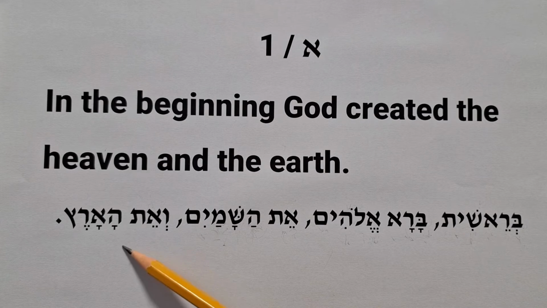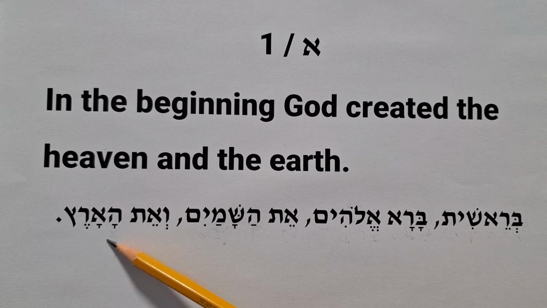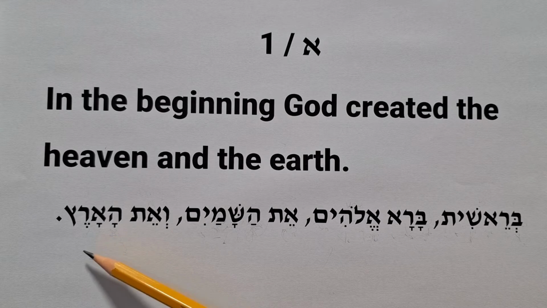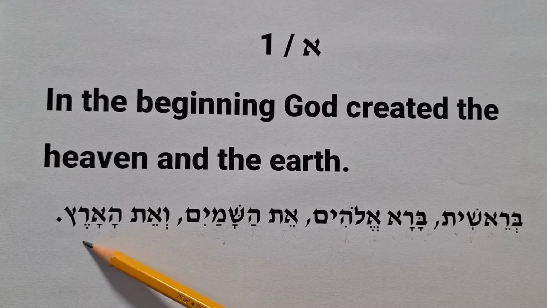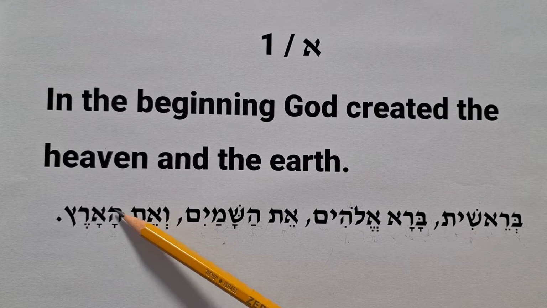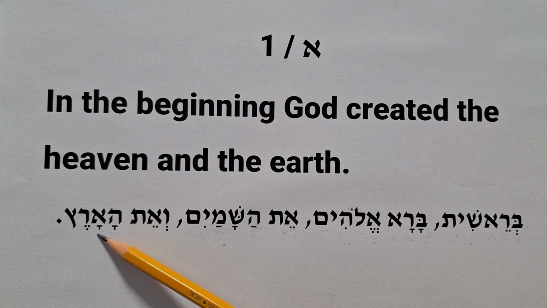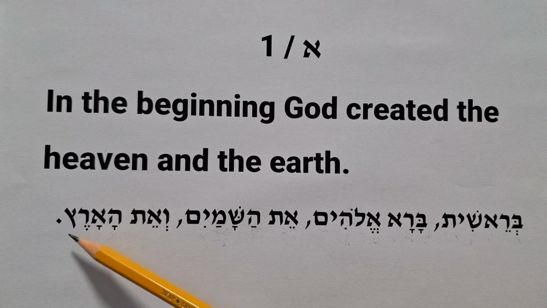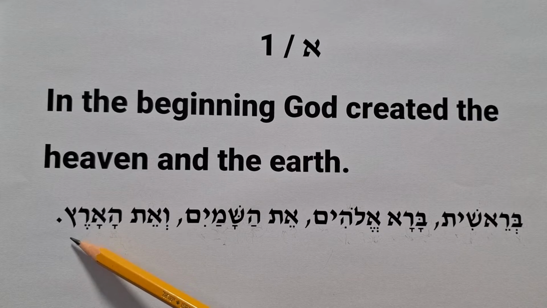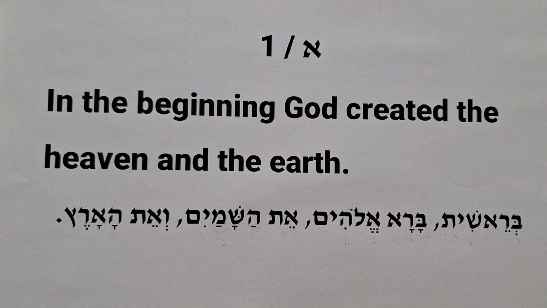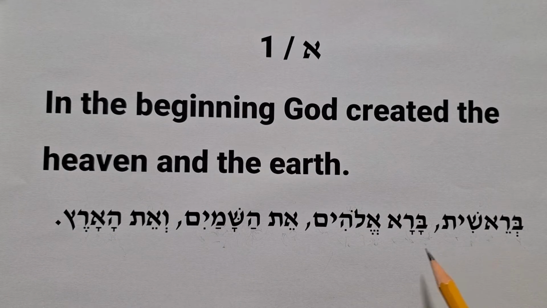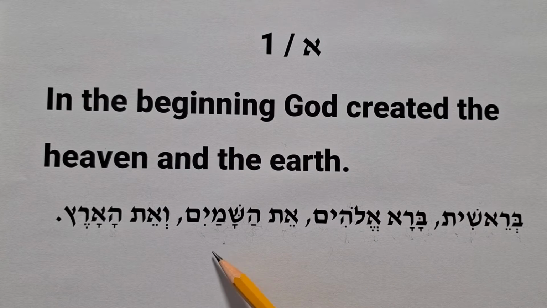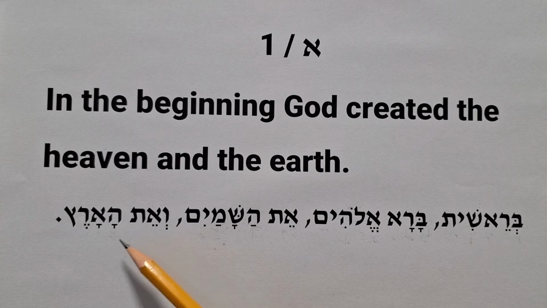So again, you see kamatz, segol, the sound of a. So a, but with hey, it's ha, aleph, sound of a, reish, re, and tzadik sofit, tz, Haaretz. So, Bereshit, Bara, Elohim, Et Hashamayim, Ve'et Haaretz.